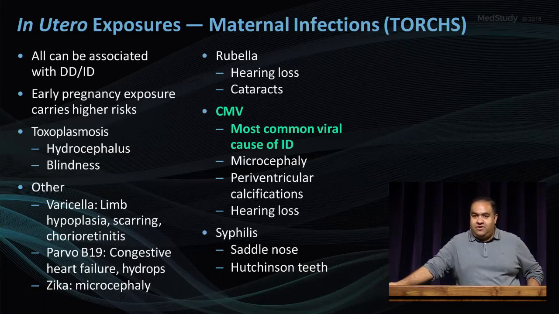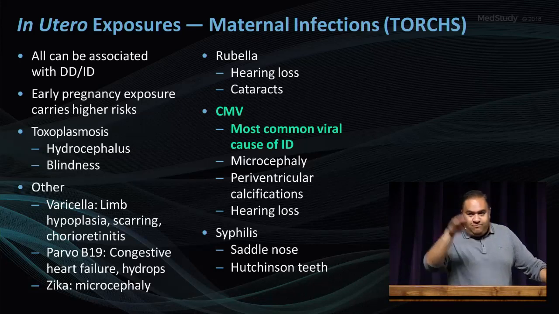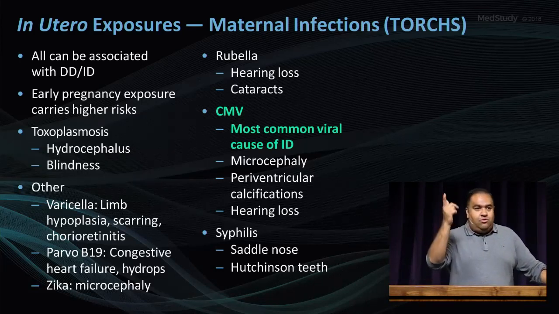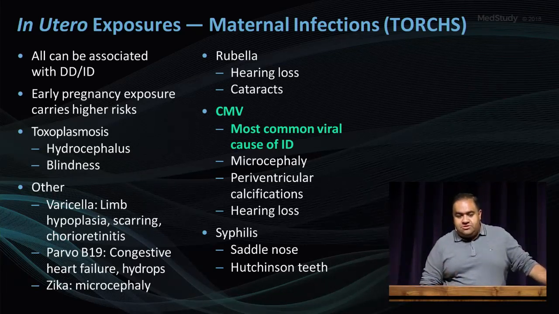TORCHes are the ones that I want you to think about. So when you get a vignette on your boards and it has direct hyperbilirubinemia in all the 50 million labs, you're like, oh, they want me to think about TORCH and start going down that pathway, all right? So TORCH infections, keep that in mind.